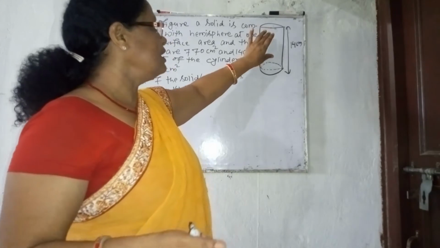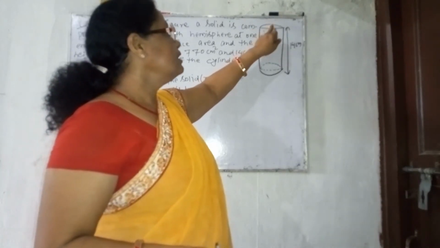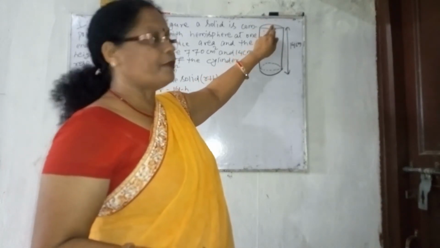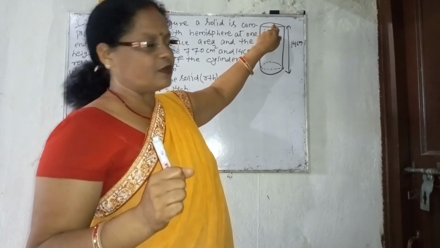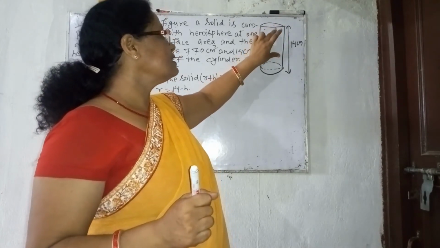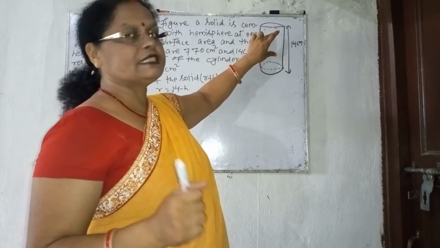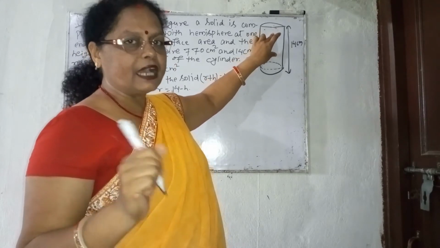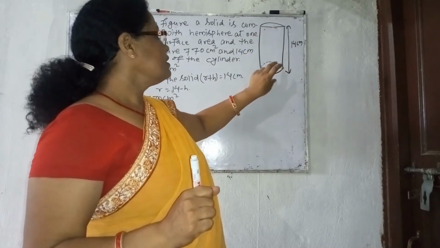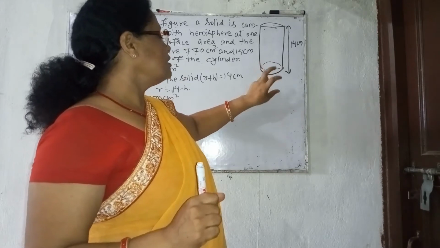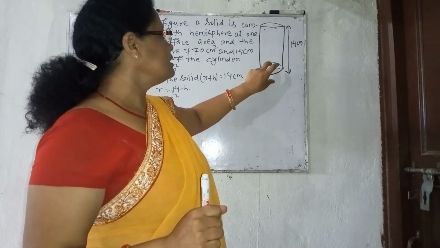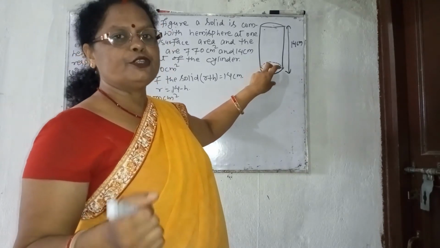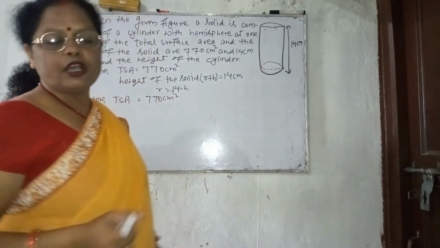The area of this upper part is pi r square. The curved surface area of this cylinder is 2 pi rh, and the curved surface area of this hemisphere will be 2 pi r square.